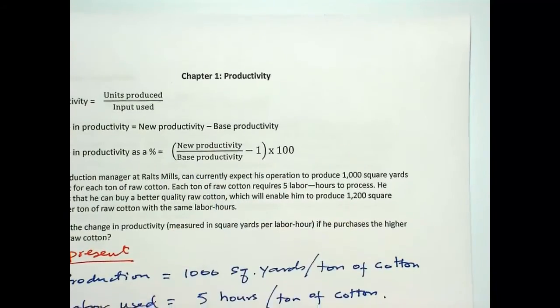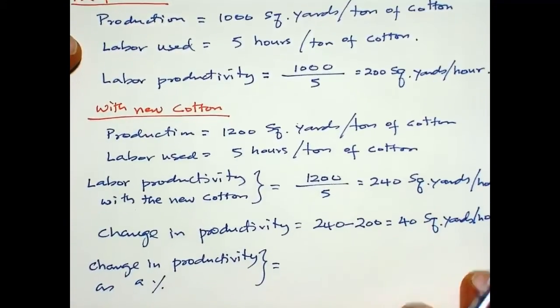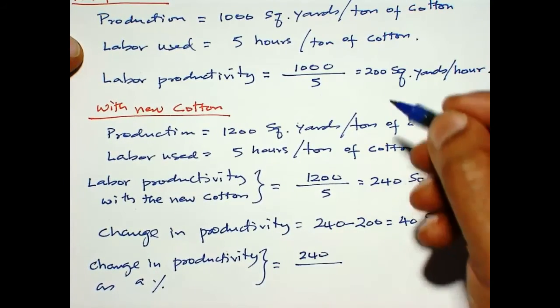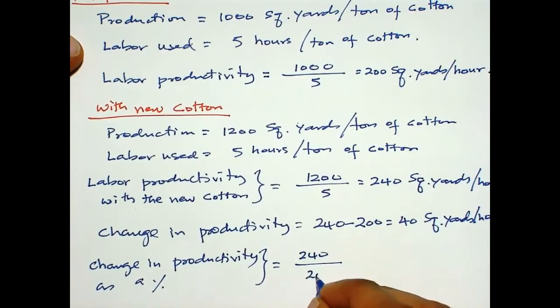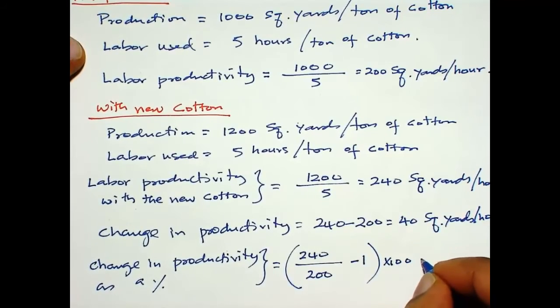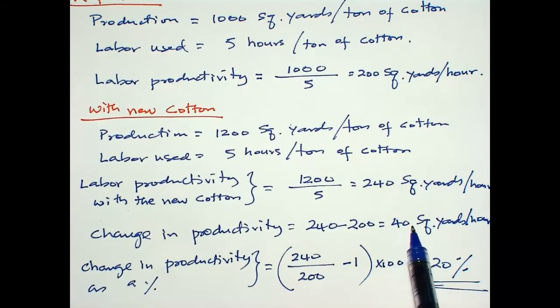New productivity is 240. The base productivity, that is at present, is 200, minus 1, and we'll express it as a percentage, so multiply by 100. That is 20%. So change in productivity in units is 40 square yards, and that represents a 20% increase in productivity.